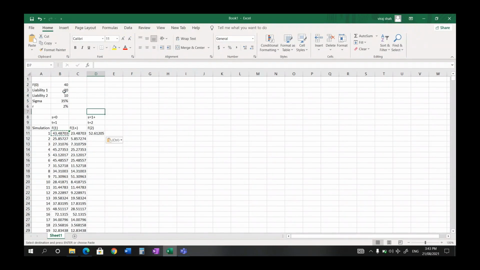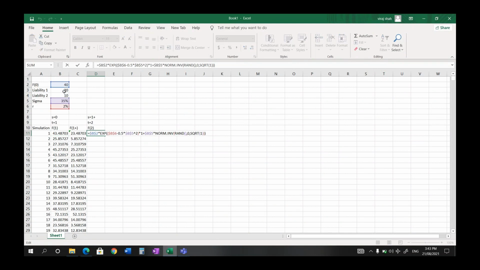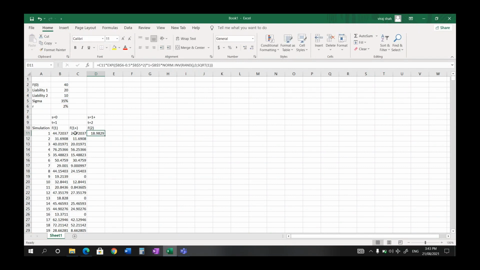So let's check the formula once. This would now be F1 plus, everything else the same. Nothing changes, because r minus 0.5 sigma square times (T minus S), so 2 minus 1 is 1.